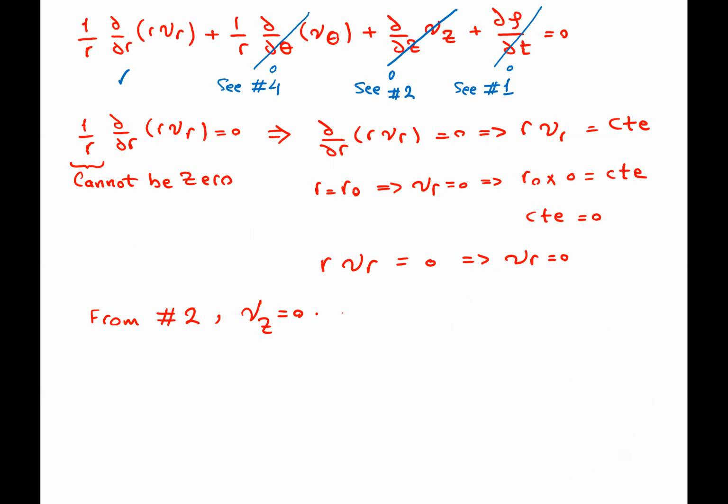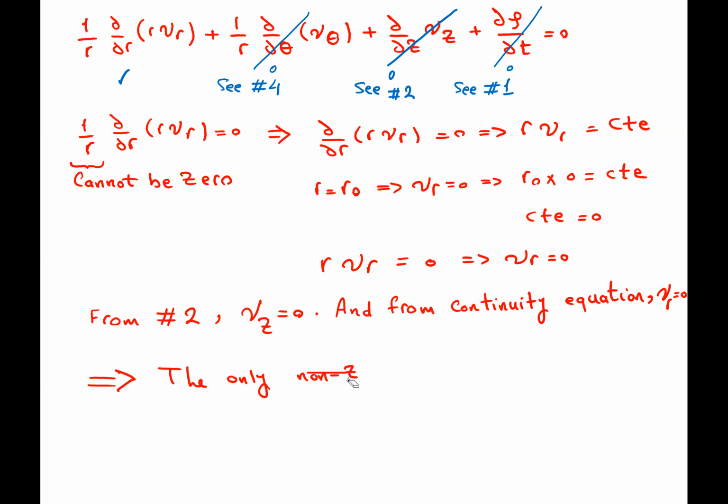And now we learn that, and actually I can say from, because this conclusion was made from the continuity equation, so I say from the continuity equation, v_r is 0, then the only non-zero component of velocity is v theta.